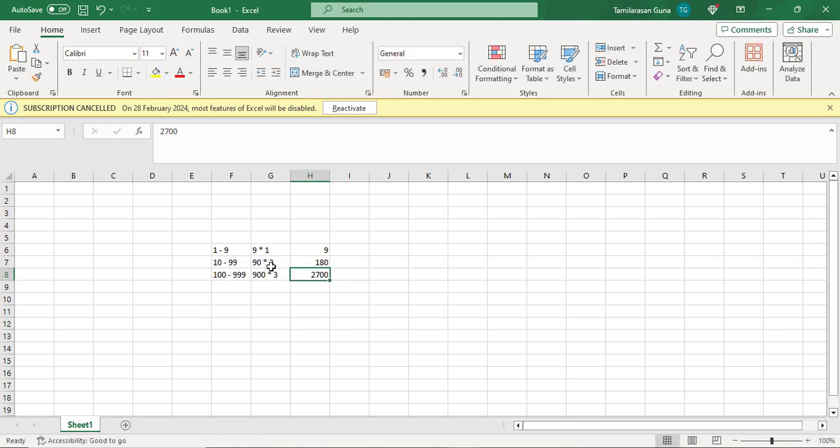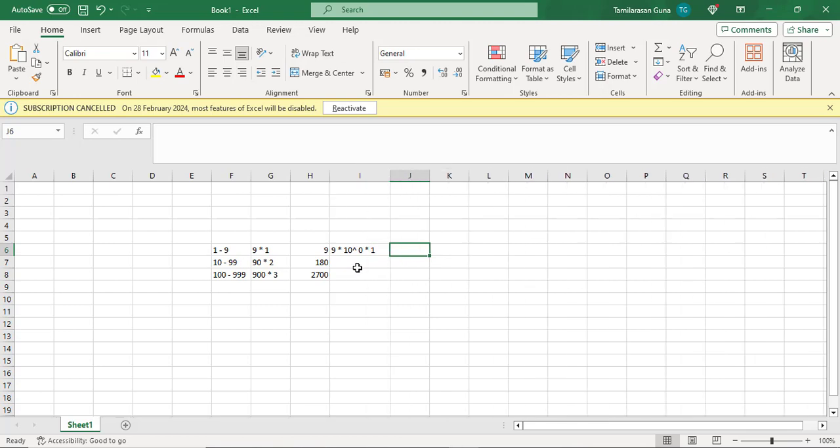So this can be written in another way as 9 into 10 power 0 into 1. And this 180 can be written as 9 into 10 power 1 into 2.